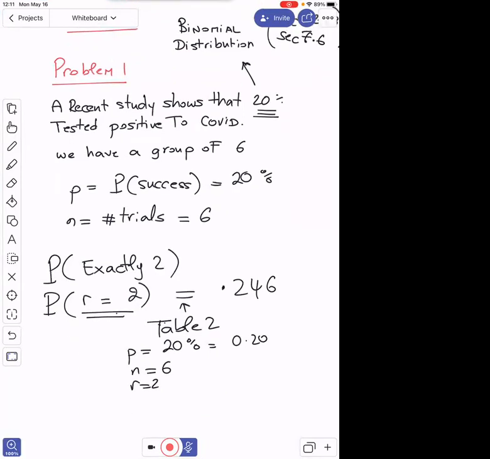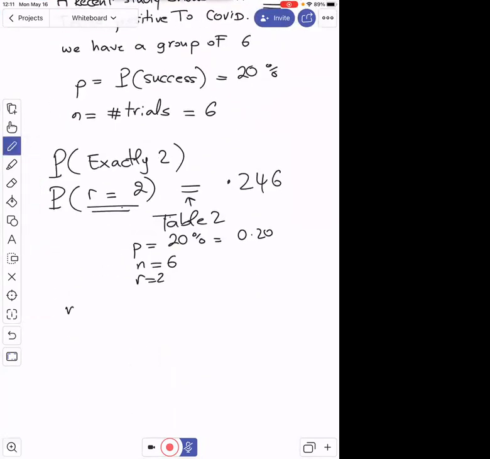And again, to repeat, there's your n, you need to go to n equal to 6, right? This is in table 2. Next to n, there's r, like 0, 1, 2, 3, 4, 5, 6. Our r is 2 because it says exactly 2.